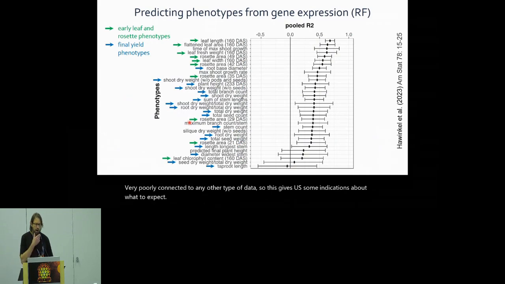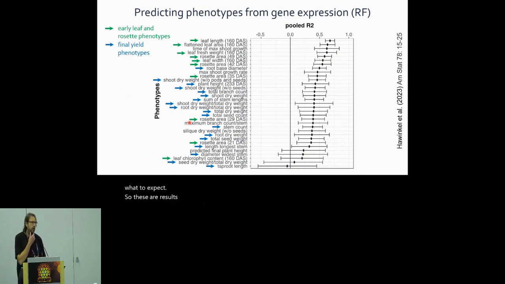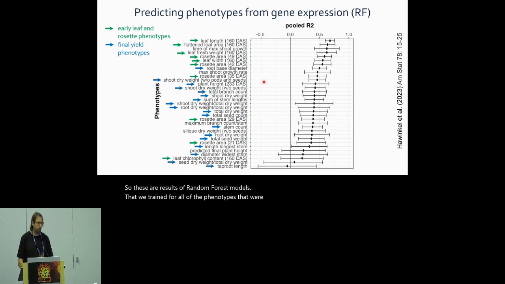These are results of random forest models that we trained for all of the phenotypes that were measured, based on the expression data that we gathered from all of these individual plants in the fall.